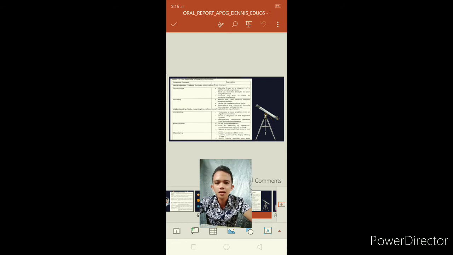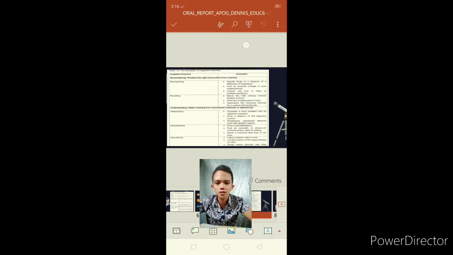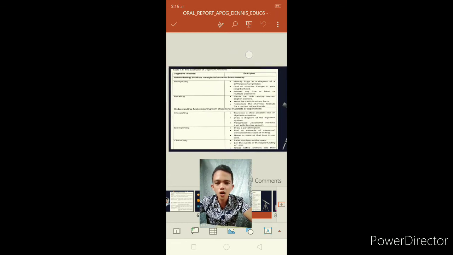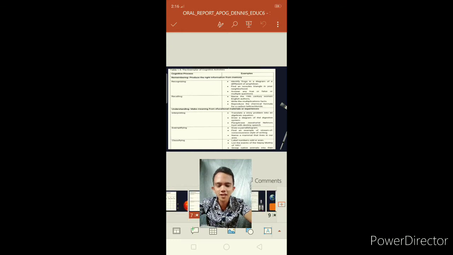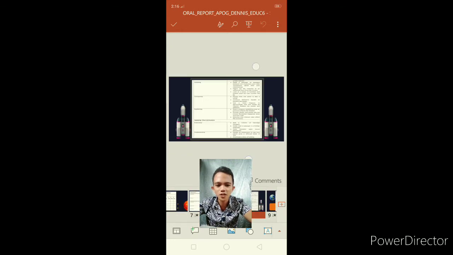Here, the student could draw a diagram about the digestive system, label the numbers whether it is odd or even, or group animals into their native species.